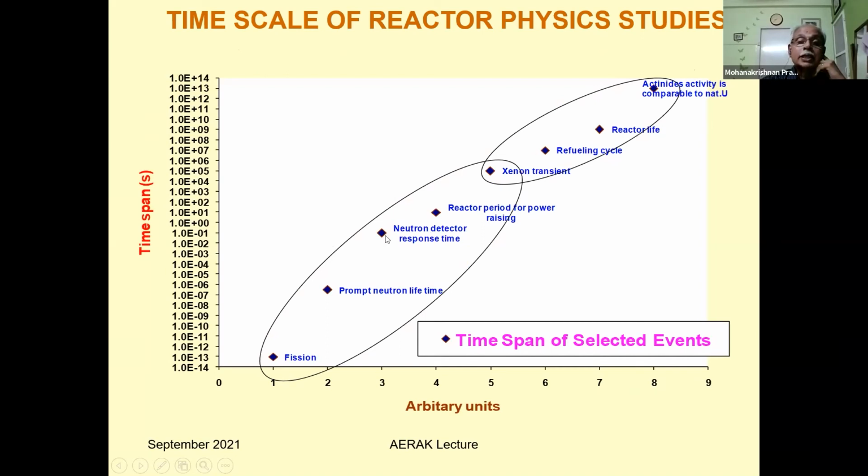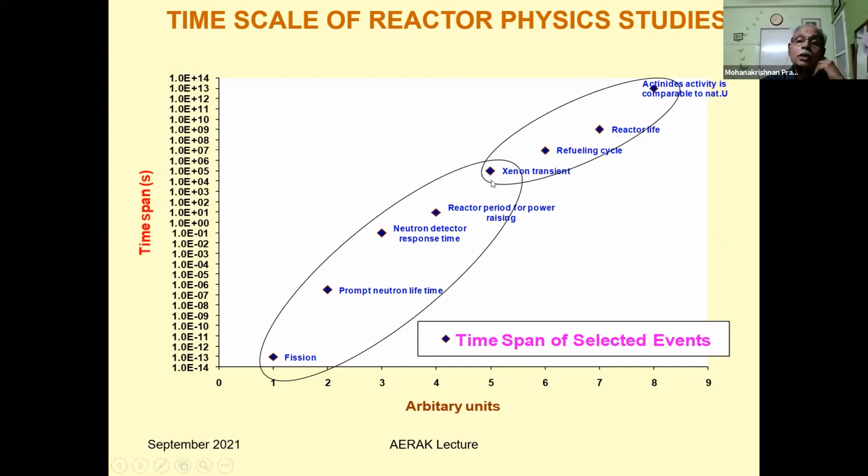Neutron detectors which are put in the core respond within a millisecond or a few 100 milliseconds, about 0.1 seconds. Neutron reactor period, that is when you are raising the reactor power, the power will double in about 10 to 100 seconds. So this is the reactor period.